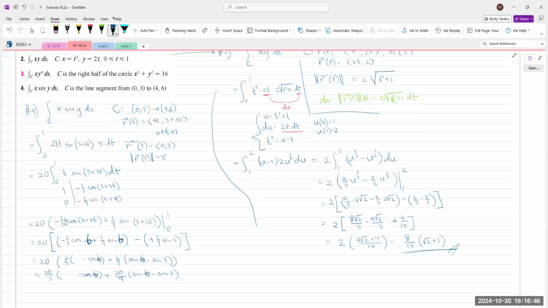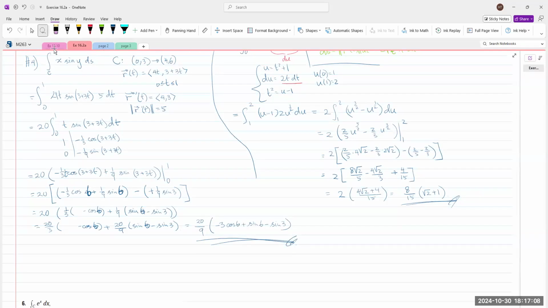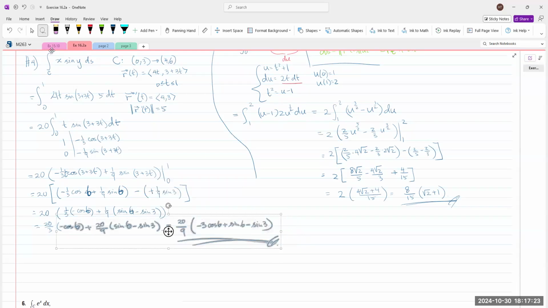I think I can do the common factor 20/9. So -3 cosine 6 plus sine 6 minus sine 3. Sorry, I forgot that t and messed up the whole thing. Let me rearrange them first, make it look nicer. Okay, now I think it's better.